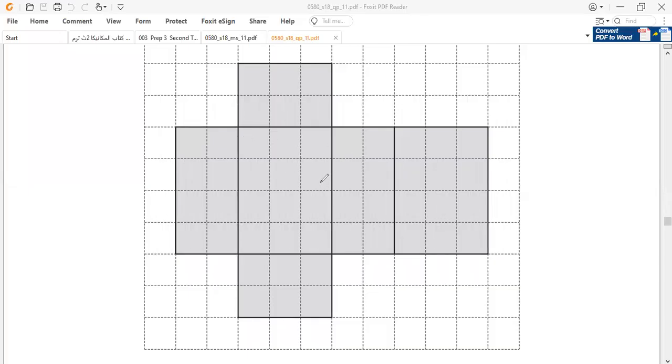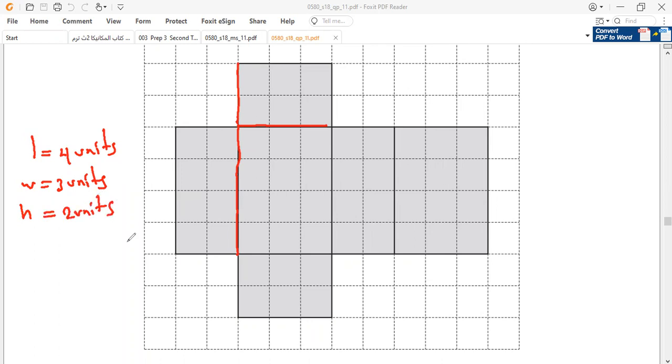This solid here will be a cuboid, because this side will be the length, which is 4 units, and this side will be the width, W, which is 3 units, and this side here will be the height, H, which is 2 units.